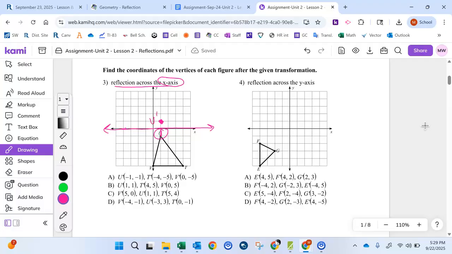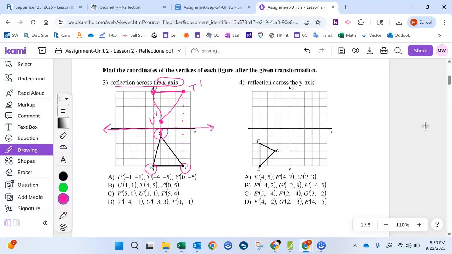That's U prime. Where's T? It's 1, 2, 3, 4, 5 down, so T prime is 1, 2, 3, 4, 5 up. And then V is 1, 2, 3, 4, 5, because we go straight across the x-axis. So the reflection would look like this.